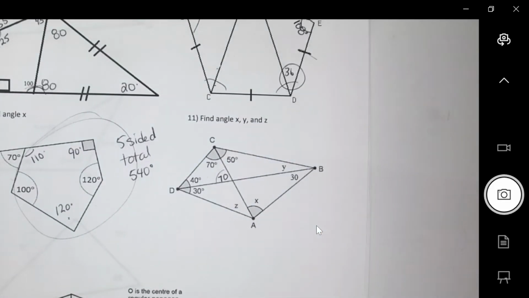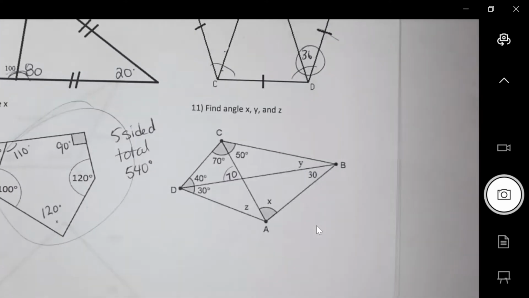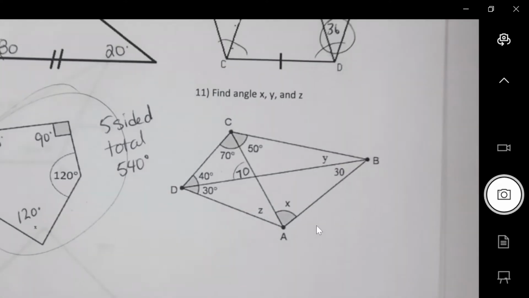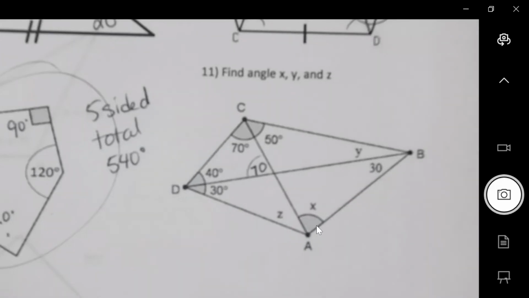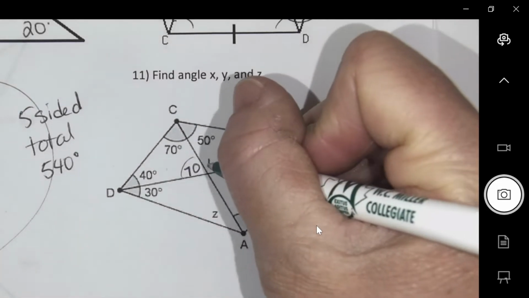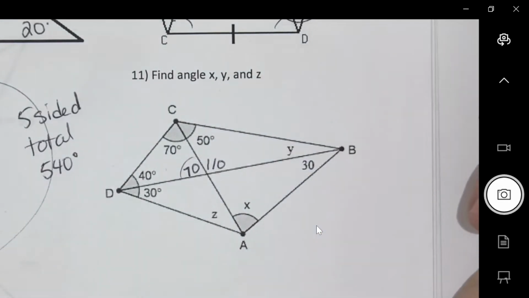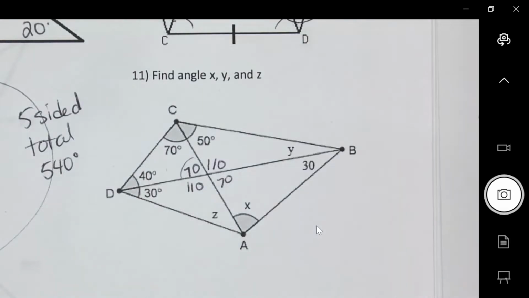So that is 70. Now I'm going to get the one beside 70. So this is 110. Then that would be 70. Then that would be 110.